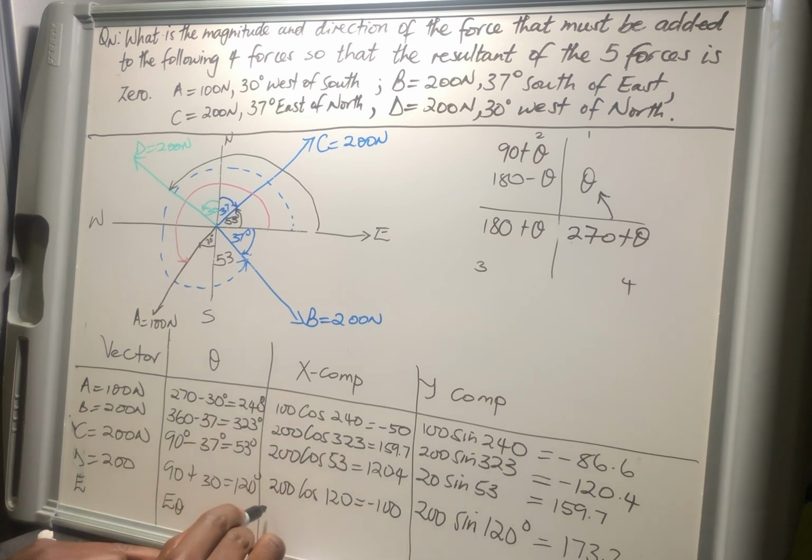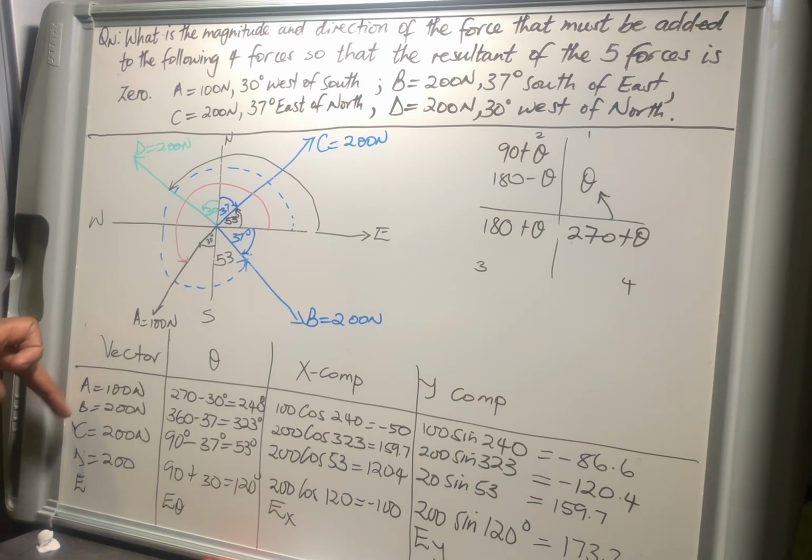Then it must have an X component, which I'm going to call EX. It must also have a Y component, which I'm going to call EY, like this. Okay, so what it means is that if you add force A, B, C, D, and E, the resultant is going to be 0.